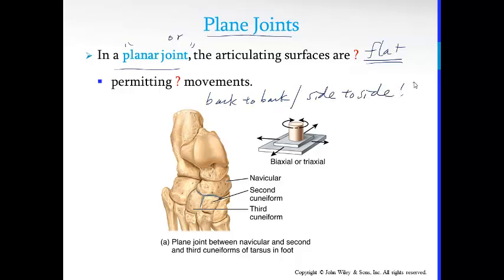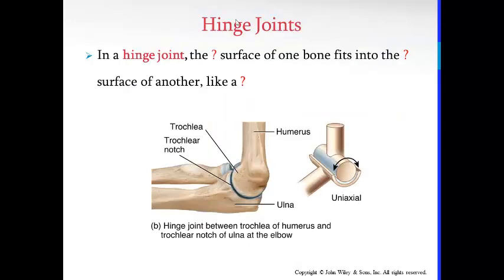They may be able to move biaxially, in 2 directions, or sometimes even in 3 axes. Now our hinge joints are when, if you look over here, one side is convex, and it fits into the other side, that's concave. So it almost looks like a hinge door.